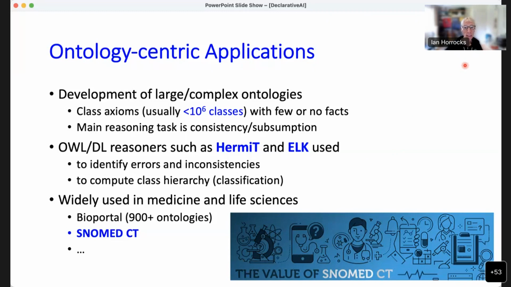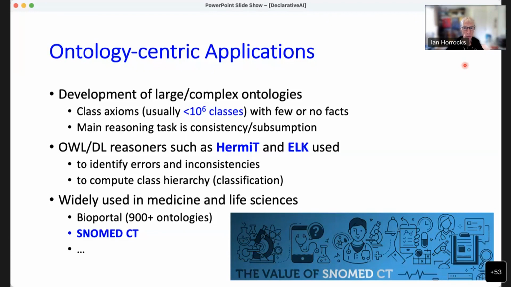And this is widely used in domains such as medicine and life sciences in particular, where ontologies like the SNOMED ontology are deployed in practical healthcare systems now in more than 70 different countries. So we'd have to say that that actually is a huge success. But even so, this turns out to be a slightly niche application, I would say, because the size of these ontologies is typically limited.